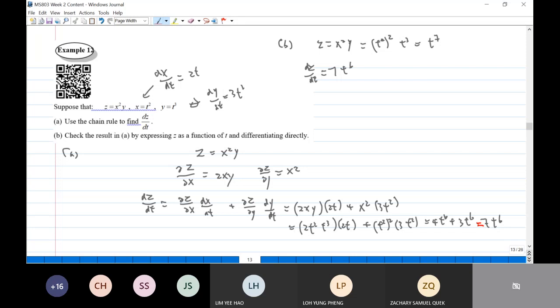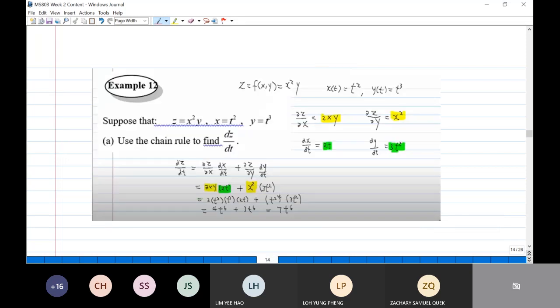Usually part A is the simpler one because you break up into smaller terms. Part B combines everything together, but it's not always easy to combine. All right, then we're going to move on.